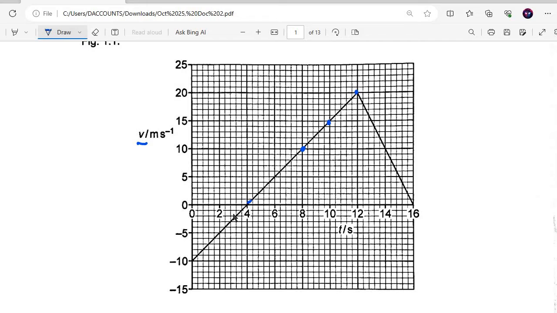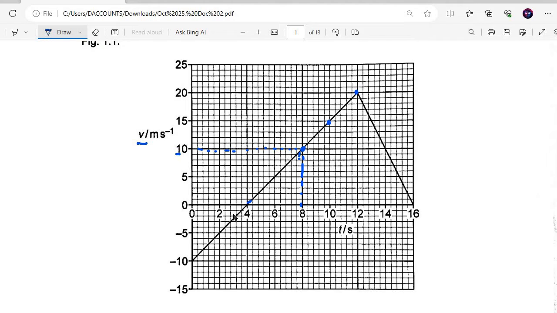Because within this straight line, the linear graph, they have the same acceleration. So let me get the acceleration at t equals 8. I'll pick 8 and any other point. You can also pick outside 8; it's not compulsory to pick 8. But it's easier for me to pick 8.